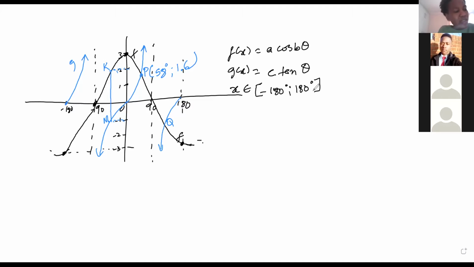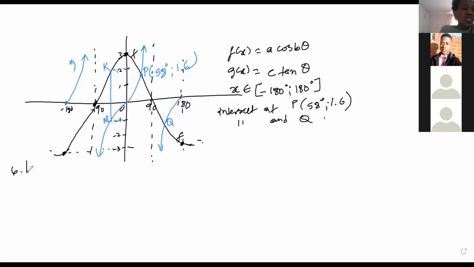As sketched below, the graphs intersect at point P, which is 58 degrees and 1.6. They also intersect at Q. Question 6.1, write down the range of f.